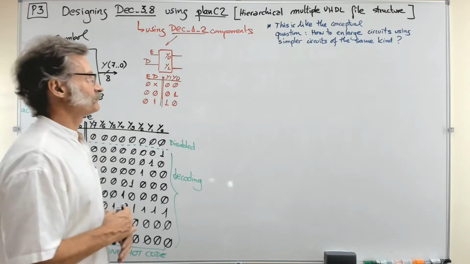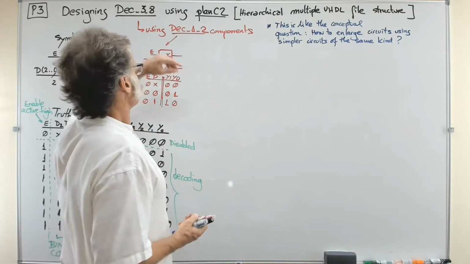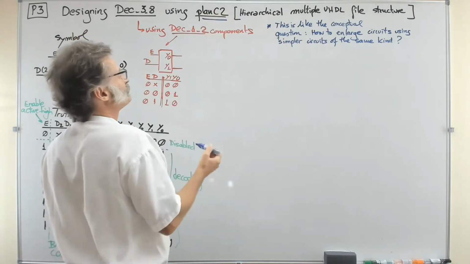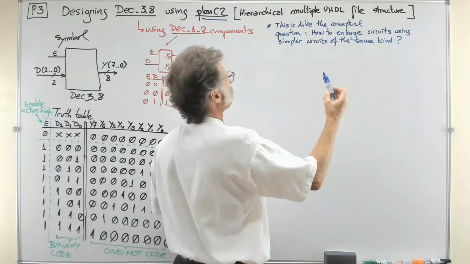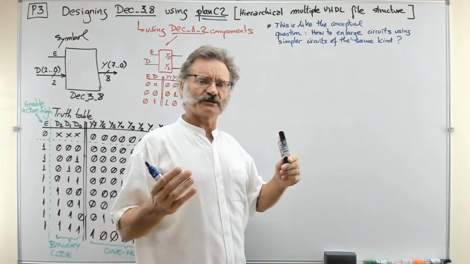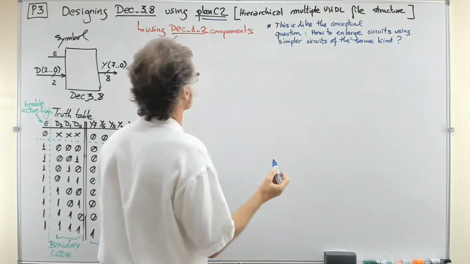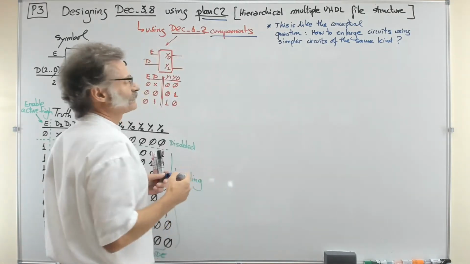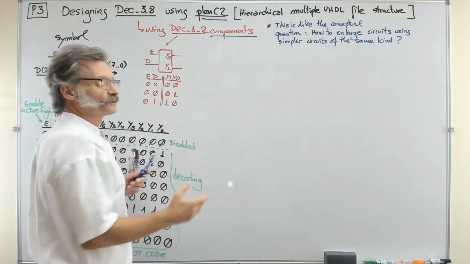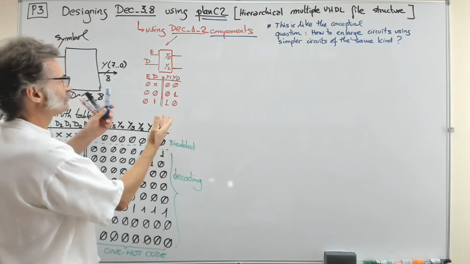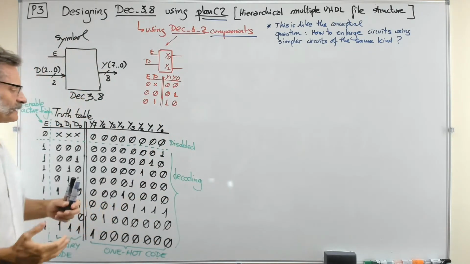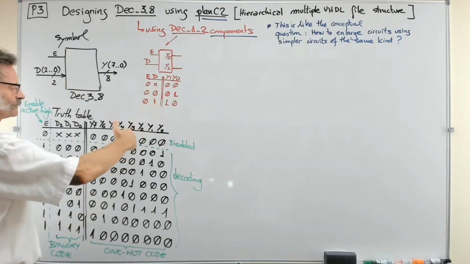In which way? Let's impose the constraint. Let's design, using the plan C2, that's right, which means using components and using multiple files. In the end, the circuit is going to be a multiple file design, okay, because we are going to use components. So let's impose this constraint. Components, decoders 1 to 2, for example. Here we have the possibility to choose decoders 1 to 2 or 2 to 4, in a way that some of them will be required to build this table.